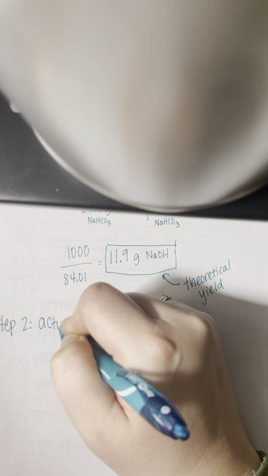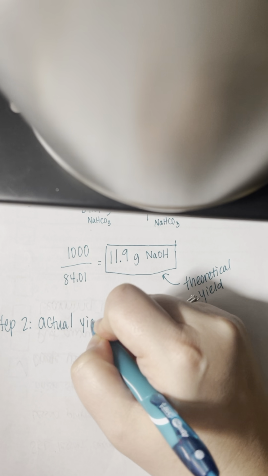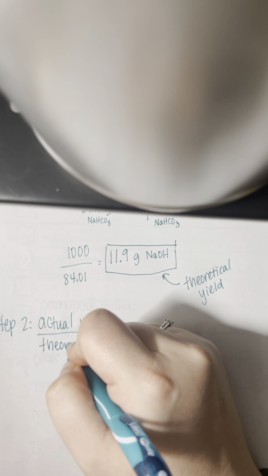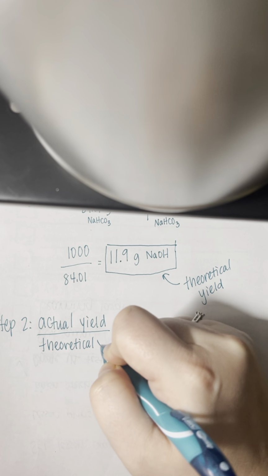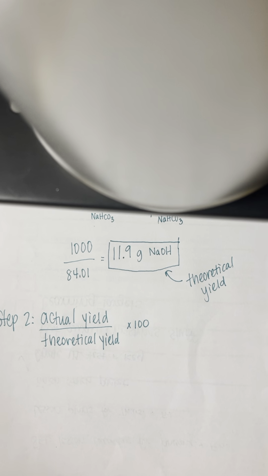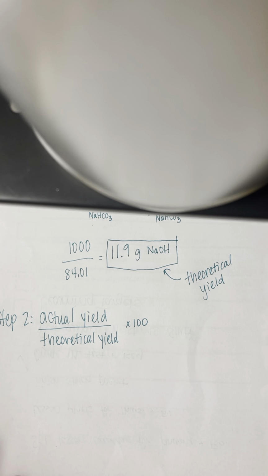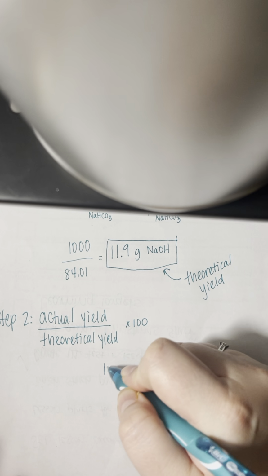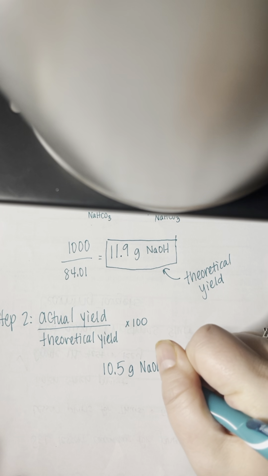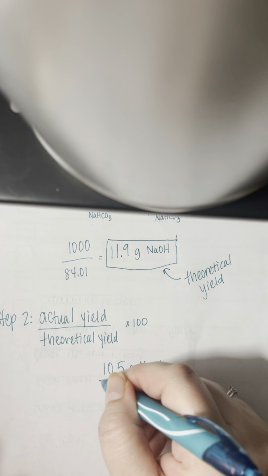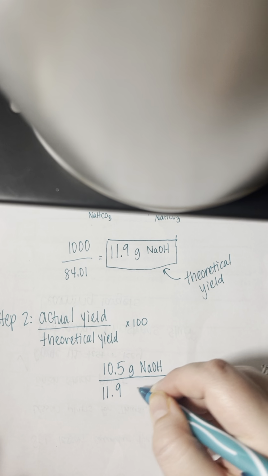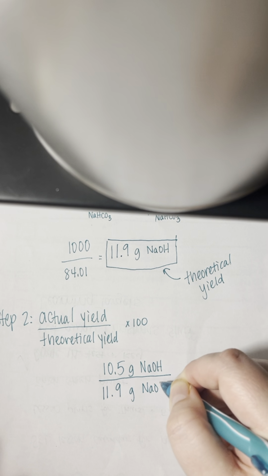It is actual yield divided by theoretical yield times 100. And that's how we do it. So our actual yield was given to us in the problem, and that was 10.5 grams of NaOH. That was our actual. Now we're going to divide it by our theoretical, which we already found was 11.9 grams of NaOH.